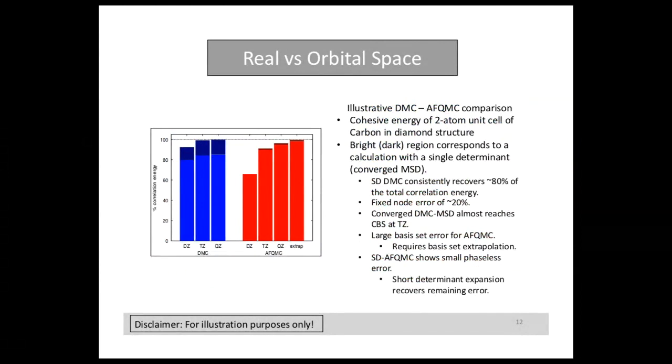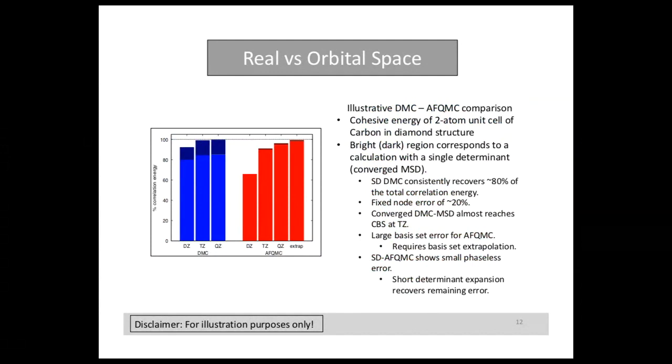The first thing that you see is that you're getting very close to 80% of the correlation energy regardless of the basis set in DMC. That's good because it's not so sensitive to basis set, but it also means that you have a 20% fixed node error in your results. On the AFQMC side, you can see that the darker part is very small. We're getting somewhere like 5 to 7 millihartree errors whenever we do single determinant.